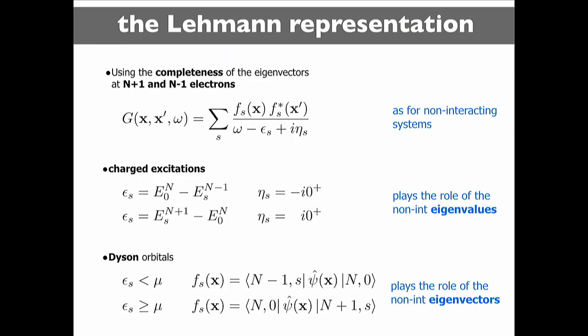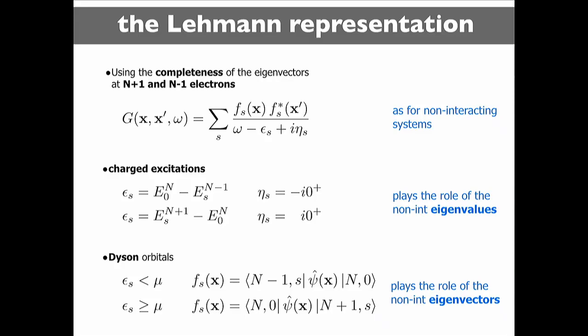So energies are actually these differences between excitations at n-1 or n+1 with the ground state at n. So this is the charge excitation at n-1 electrons, charge excitation at n+1, and this is what is used for what we call occupied states, states with energies below the Fermi level, and this is the definition that we use for empty states.